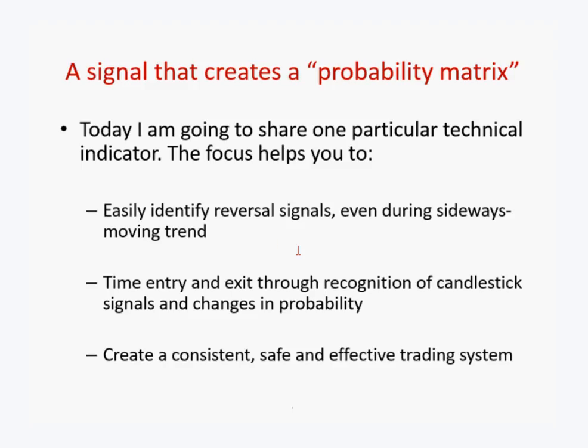A lot of times sideways moving trends are best for identifying breakouts and resumption of something after a sideways plateau, so that if you had a bull trend and then you have a sideways trend, Bollinger Bands helps you to see when the trend is resuming or going in the opposite direction. And a lot of this, of course, is based on candlestick signals and recognizing them, and helps you to develop a nice, thorough trading system.